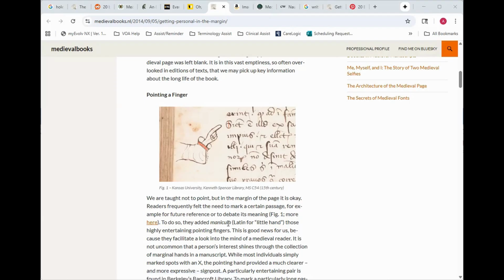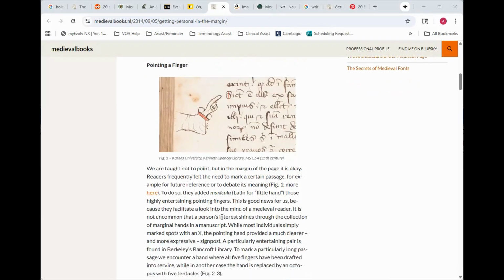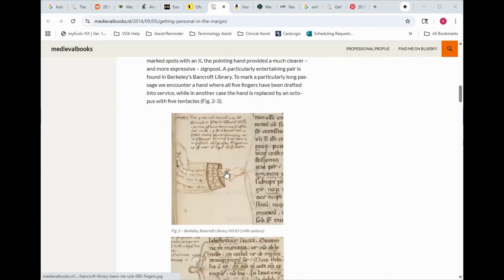They call this one a manicula, like manicure or manipulate. Manicula is Latin for little hand. And these give us some information on kind of a look here. This is what we're looking at. It can also be showing you the way to, hey, we put some of the other information over here.